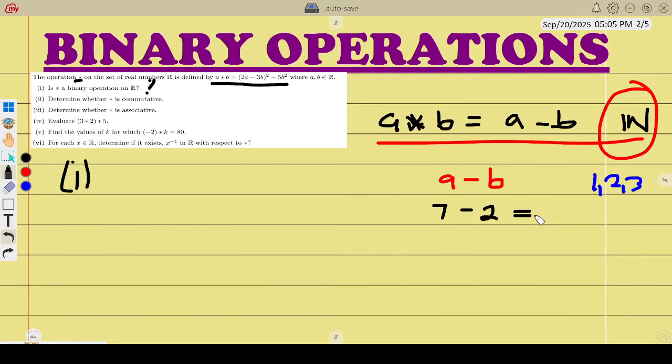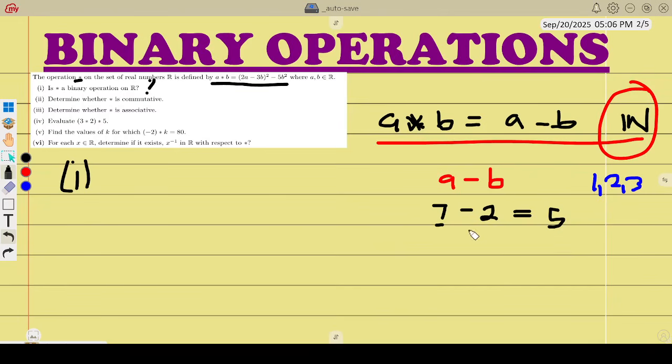Remember in the previous video we talked about the closure property, the closure rules. So ensure to check out that video if you didn't watch it. According to the closure rule, this is a natural number and this is also a natural number. When we operate on these two, the final answer we get should also be a natural number. So 5 is a natural number.